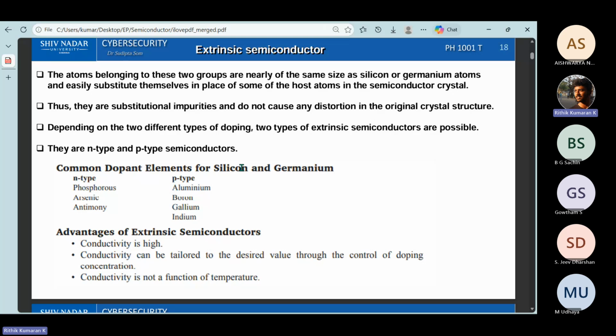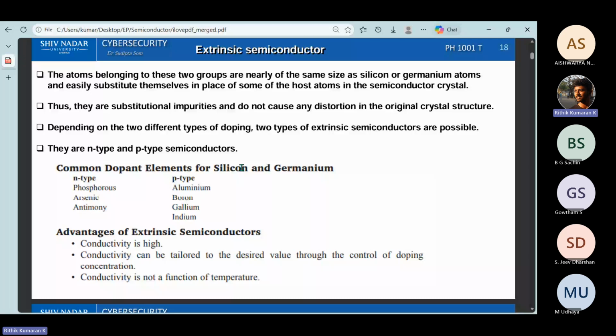Why specifically the third group and the fifth group, and why not any other element in the periodic table? We have a lot of elements, right? The reason is that the semiconductor is made up of silicon, mainly group 4 elements. If you add any other atom which doesn't resemble the shape or the properties of silicon, the structure would collapse.